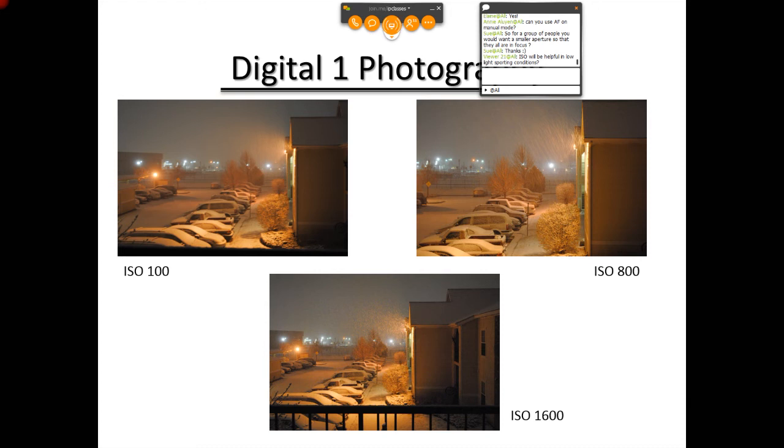So you may have to push it up to maybe 800, maybe 1600 in order to get a faster shutter speed to freeze the action. But fortunately, the lighting in there is pretty good, so you can probably compensate and still keep a good quality picture without really having to overdo it in ISO.